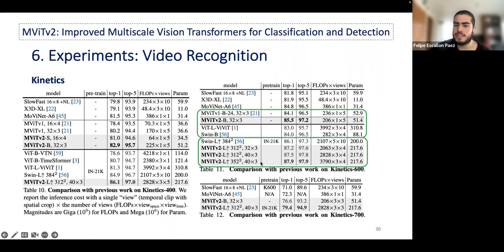For instance, to achieve the new state of the art, they used a different input image size in the large version, which is now not 312 but 352. The other values, the 40 times 3, is the number of frames and the number of pooling between these frames they are using.